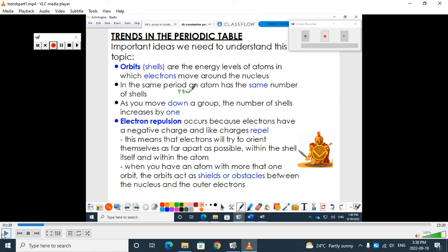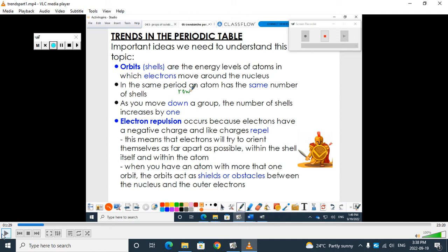So in order to understand this topic in general, the blue writing is what should be filled in on your note, okay? The rest of the black writing is already there. So we're going to talk about orbits, or you could say energy shells or energy levels, like you would have drawn in a Bohr-Rutherford diagram, are the arrangement of the electrons moving around the nucleus.